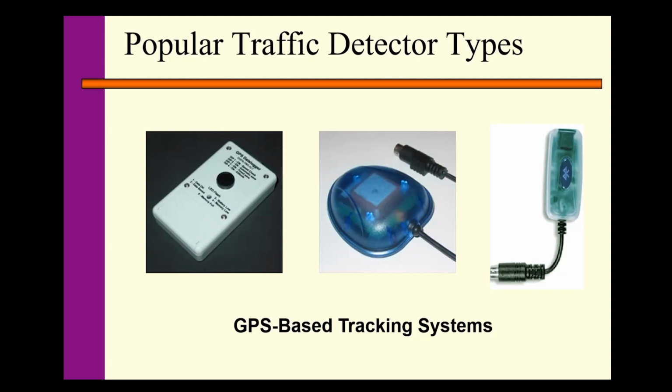Those are data based on the GPS sensor. GPS sensors can store that information in a logger, and later on you can download the data offline. And today there are many other types of sensors like connected vehicle sensors.